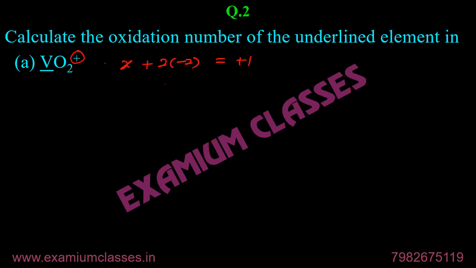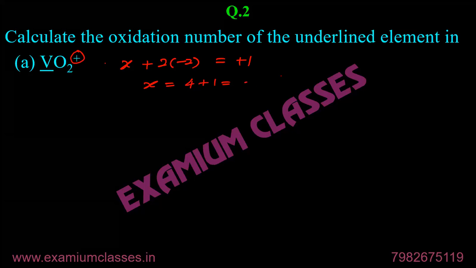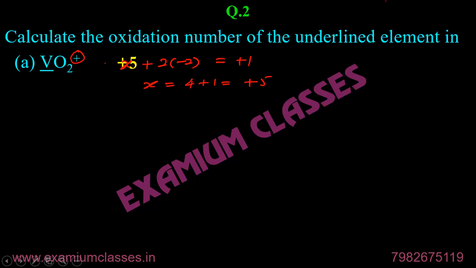X equals 4 plus 1, that is +5. Yes, Ashi, these ones are easier as compared to the previous example.